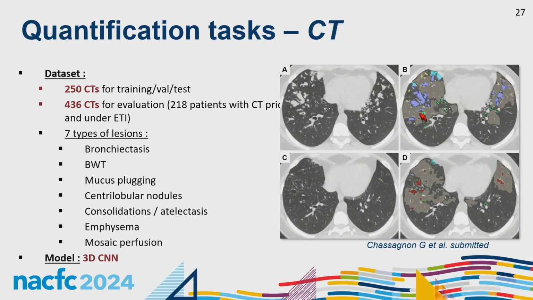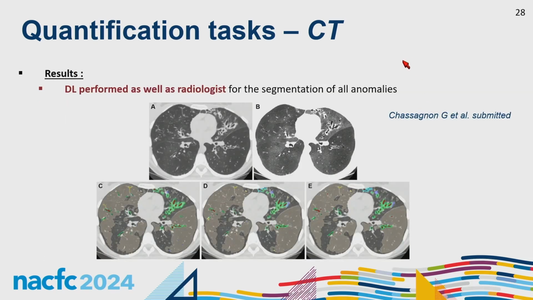For this, we use a 3D approach, not a 2D approach. And when we compare the accuracy of the segmentation to that of radiologists, we found that the accuracy of the deep learning tool was at least as good as that of each radiologist, meaning that the difference between each radiologist and the automated tool was the same or smaller than the difference between the two radiologists.